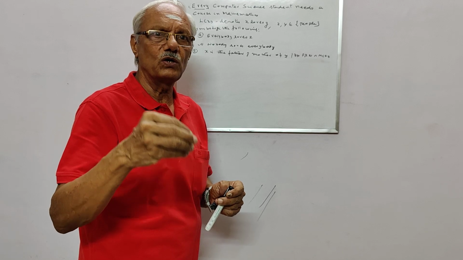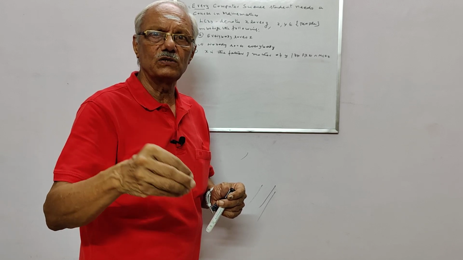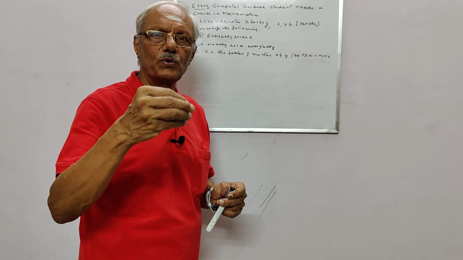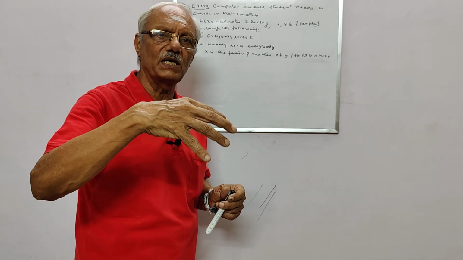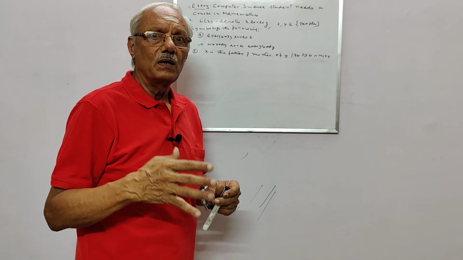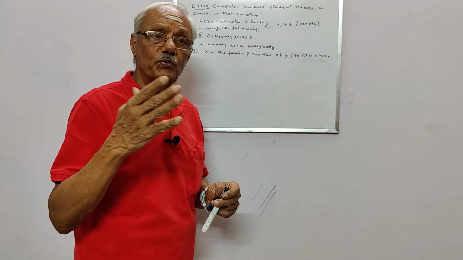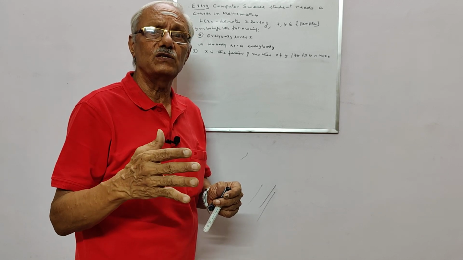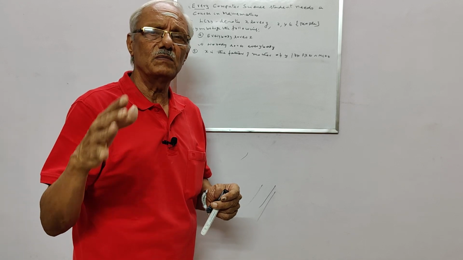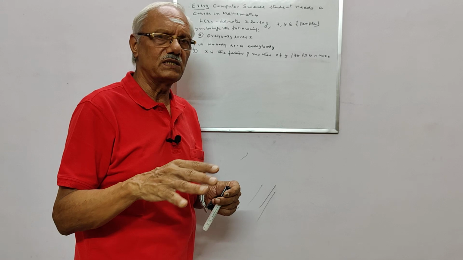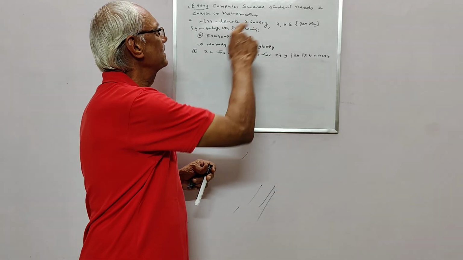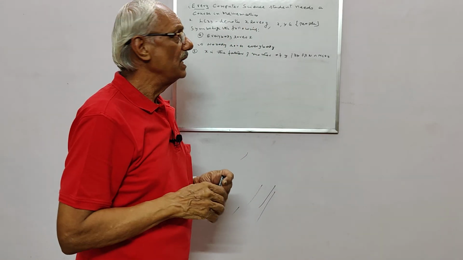It may be mathematics 1, 2, numerical methods, discrete mathematics, probability, or random process, any mathematics subject like that. Particularly if you are a computer science student, it is necessary that you learn discrete mathematics and numerical methods. Okay, so with this, let us take up this first sentence.